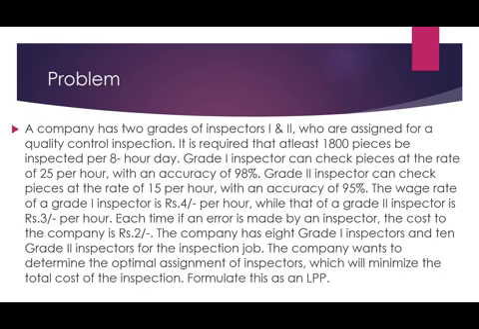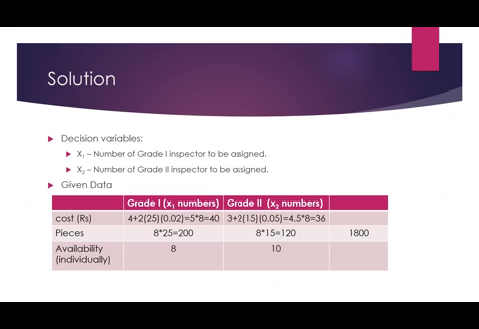Then X2 will be the number of grade 2 inspectors being assigned. So we will have a look at it now. Decision variables: X1, number of grade 1 inspectors to be assigned; X2, number of grade 2 inspectors to be assigned. Clear? Now, given data in terms of cost. See, this is the complex part that I said.